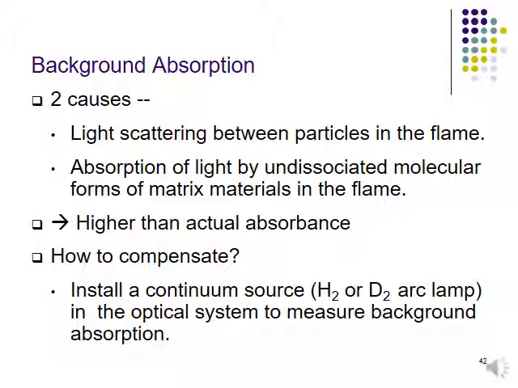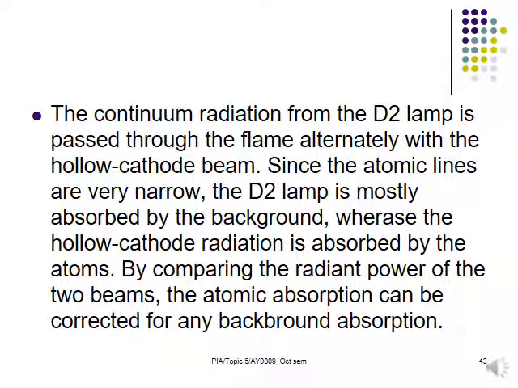So how do we compensate for this problem? It is by installing a continuum source like an H2 gas arc lamp or deuterium arc lamp in the optical system to measure background absorption. The continuum radiation from the D2 lamp is passed through the flame alternately with the hollow cathode beam.